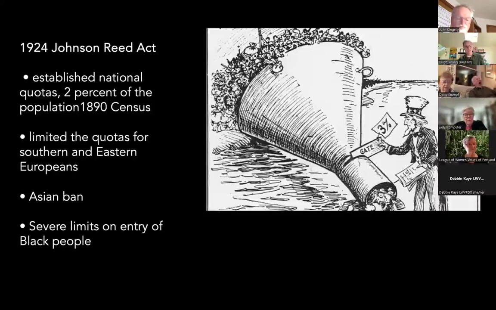There was an Asian ban, and the Johnson-Reed Act also severely limited the entry of Black people. So although it was not entirely focused on non-white people, within that category of whiteness there was a determination that there were preferable whites, those from Northern and Western Europe, and then those less desirable, quote unquote, white people, Jews, Southern and Eastern Europeans, who were still legally white, but not considered quite white in the same way that British people, for instance, were.